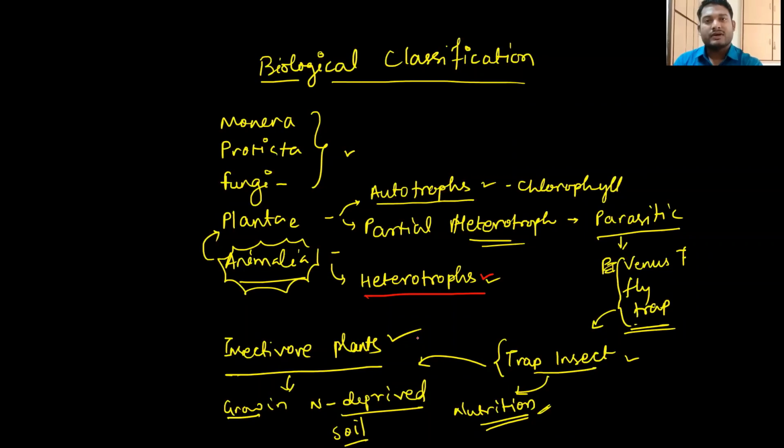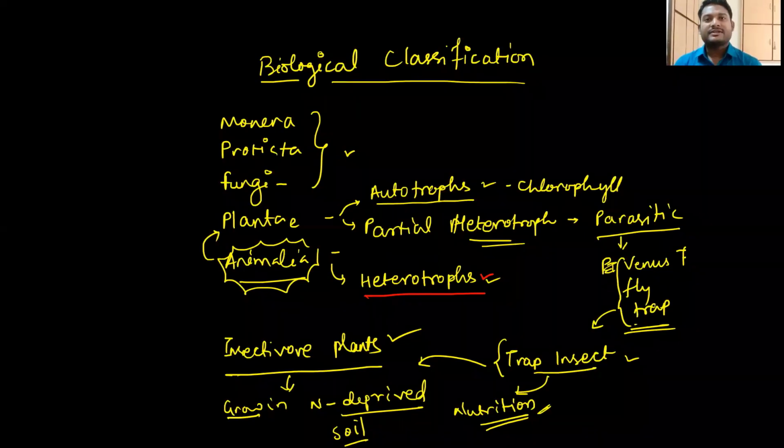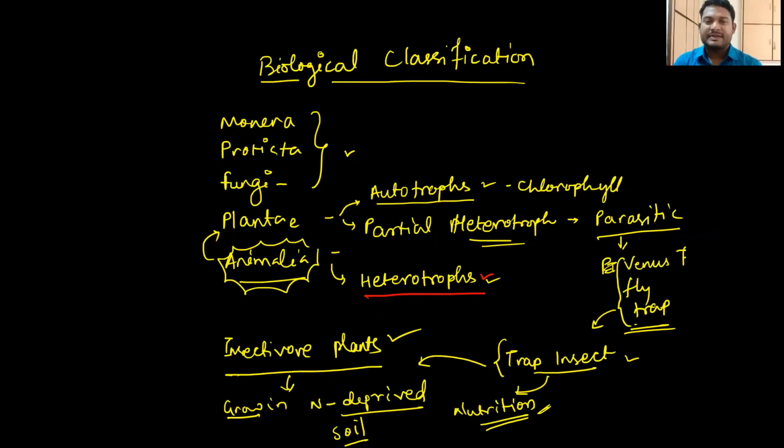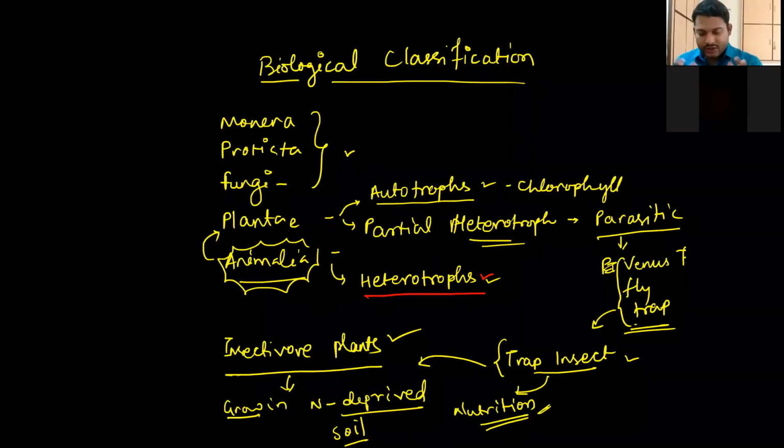Based on that, they have different food requirements. Now these are basic differences, but apart from this, there are many other basic features on which we have divided the Plantae and Animalia into further groups. We will be talking about all of those in the next chapters.